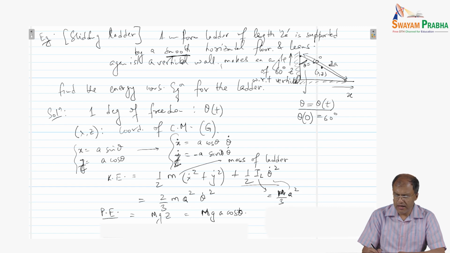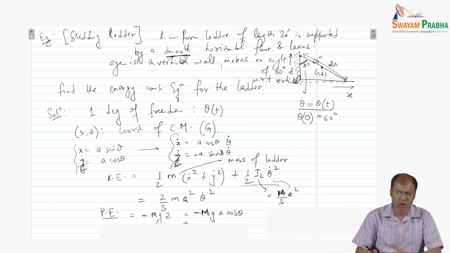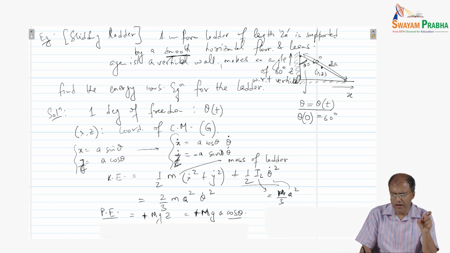And we can always put a minus sign because the potential energy of the system is going down, or we may not, because all the sign conventions will be automatically taken care of, because we are dealing with a variable theta here, or a variable z.